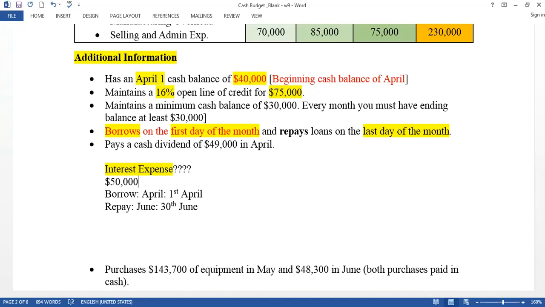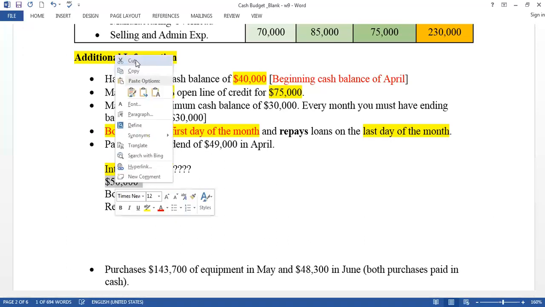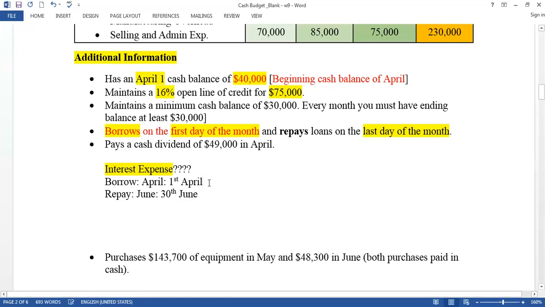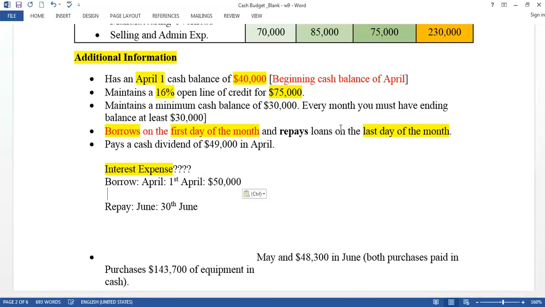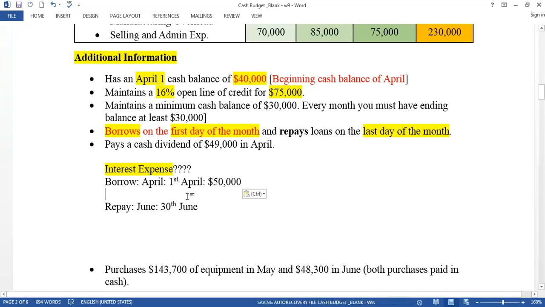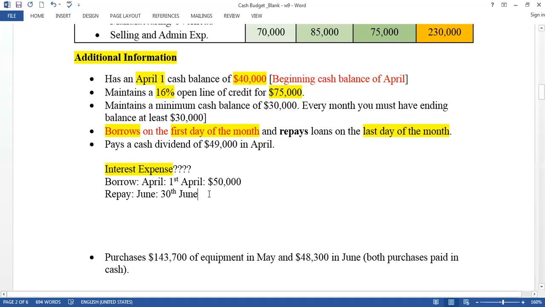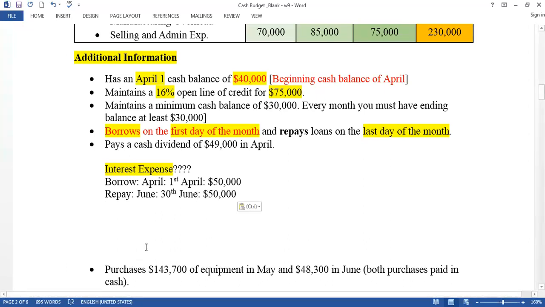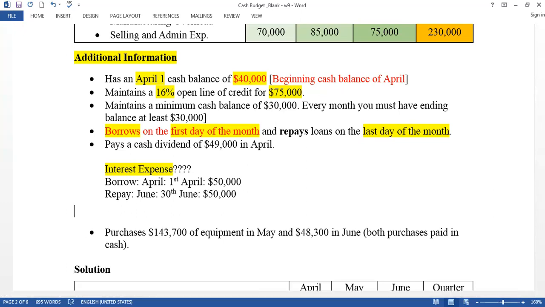When you borrow this $50,000, according to this question, it is the 1st of April you borrow this money, and June 30 you are going to repay this money. This is just for example.